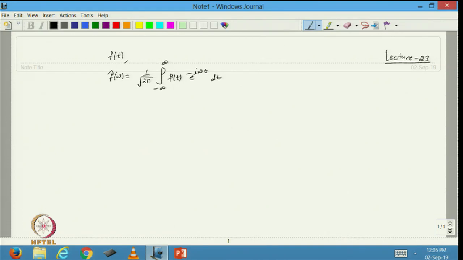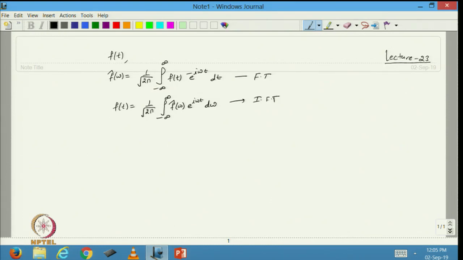So this is my Fourier transform, and from there I can go back to my physical space by taking the inverse Fourier transformation. That we have written like this: from minus infinity to plus infinity, f hat of omega e raised to i omega t d omega. So this is the Fourier transformation, and this is the inverse Fourier transformation of f(t).